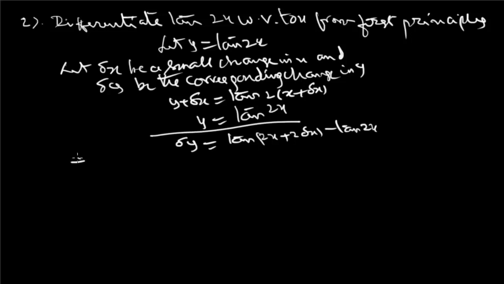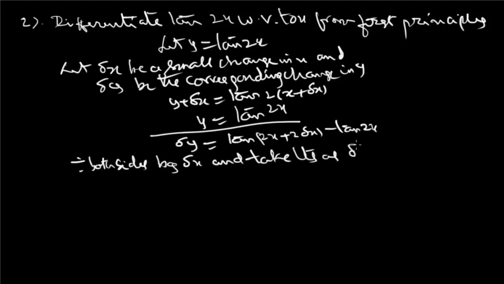Then divide both sides by delta x and take limits as delta x tending to 0. First divide by delta x, a little space we leave, and then write tan 2x plus 2 delta x.